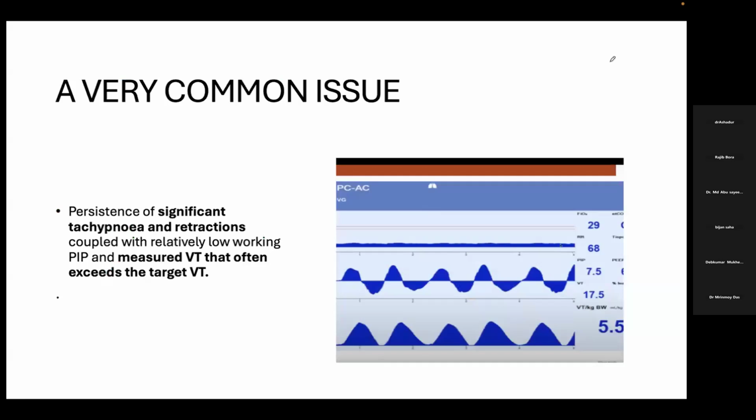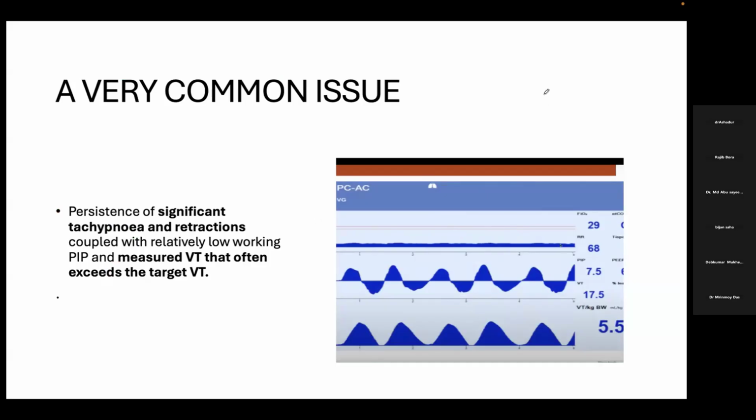And this is a very common issue that we also encountered during our student days. A patient suddenly starts having tachypnea and retractions, and the pressure time loop drops down, but the other two curves are normal. Then what we understand is that probably the patient needs more volume. That is why the patient is having significant tachypnea and retractions.